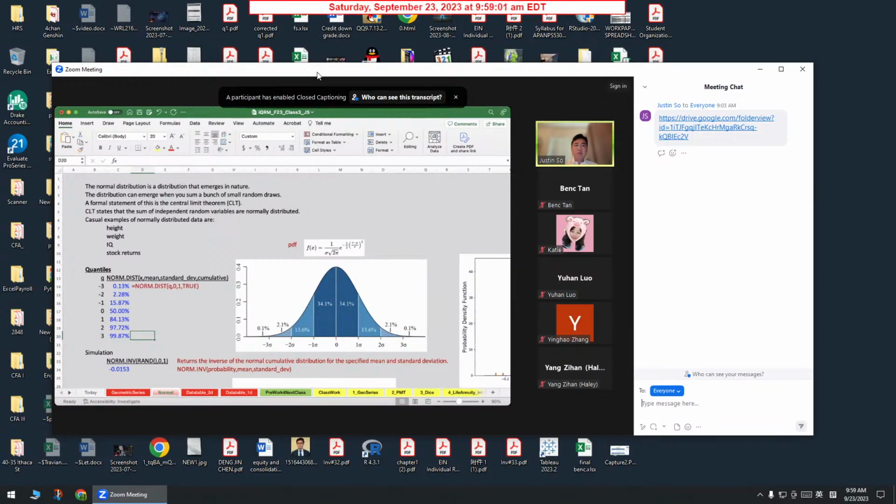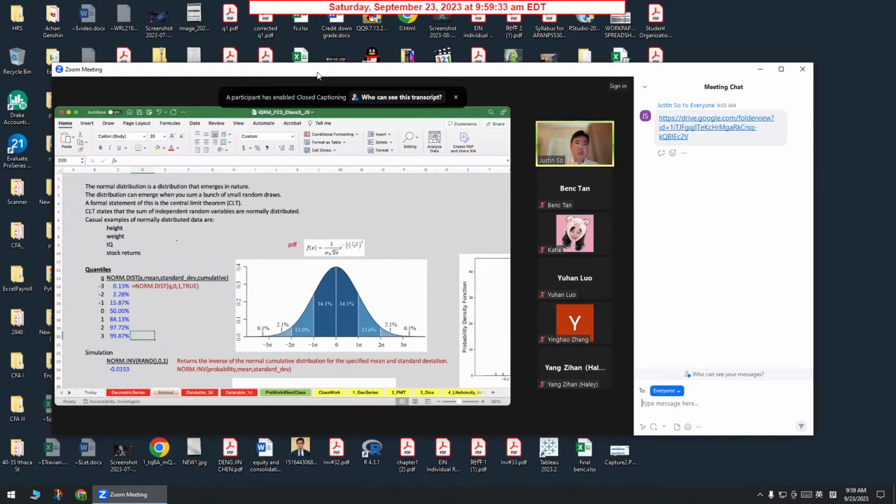The average value will have the highest number of occurrences. And if you move away from the average, that frequency reduces, and that frequency shows this bell-shaped curve. That's what the normal distribution means. I know that's basic, but a lot of people forget about that.